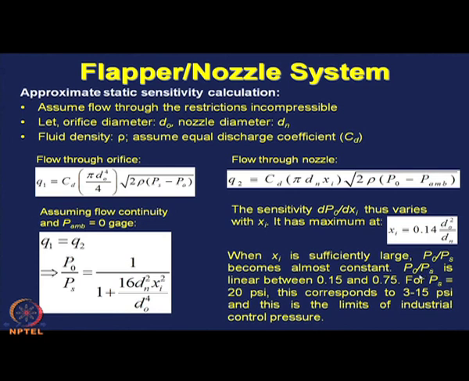However, P0 by Ps is linear between 0.15 to 0.75. For supply pressure Ps equal to 20 psi, this corresponds to 3 to 15 psi, and these are the limits of industrial control pressure.